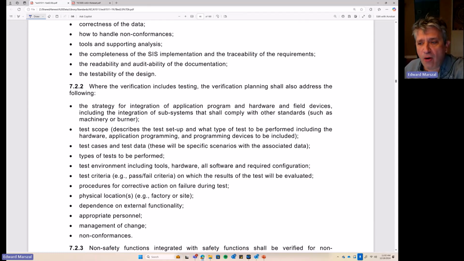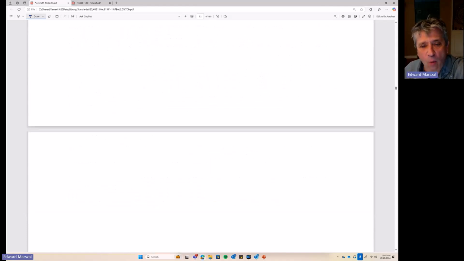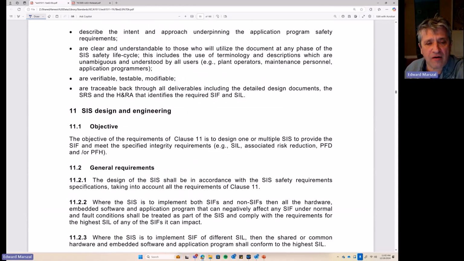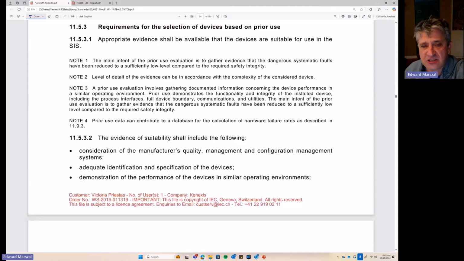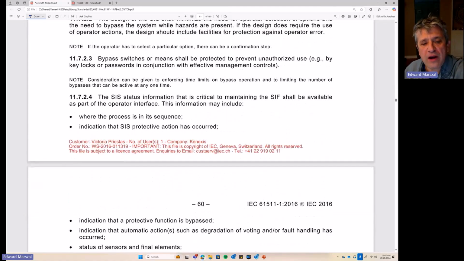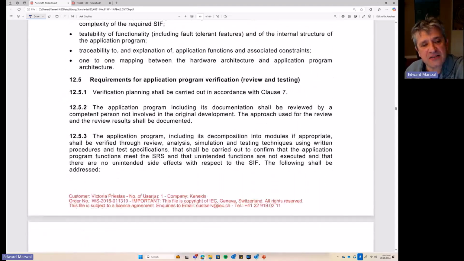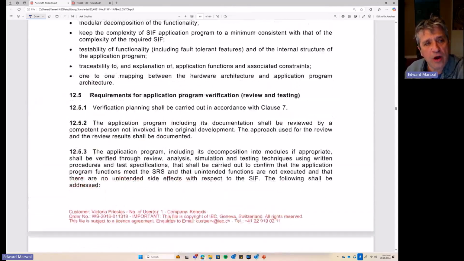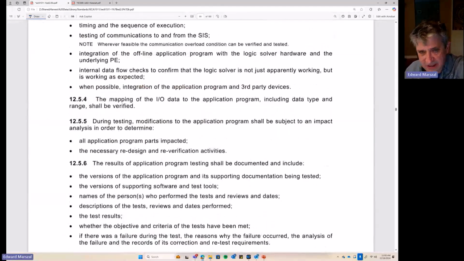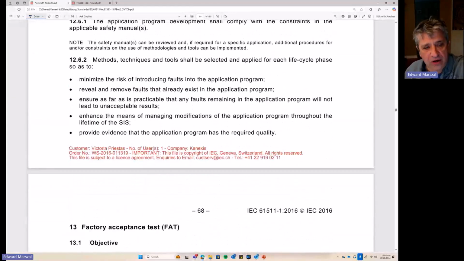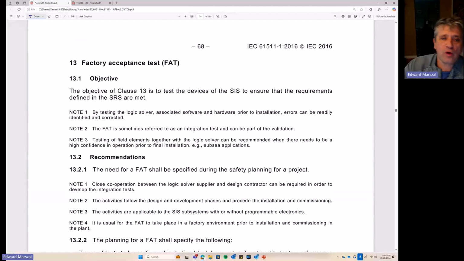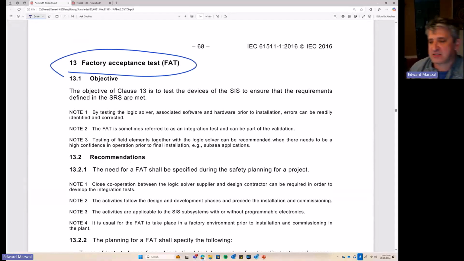But we're going to go more. Once we have done our verification, the system is complete, we are going to do clause 13. Clause 13 says that even though competent people did work and it was verified, we're going to do a factory acceptance test.